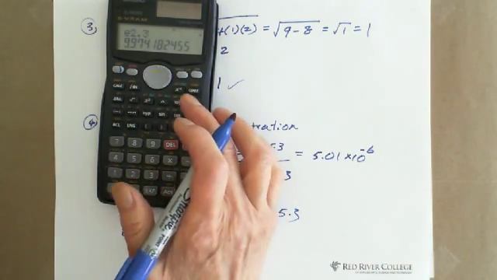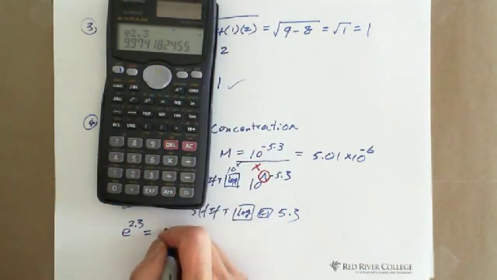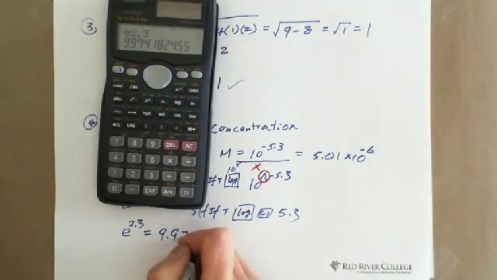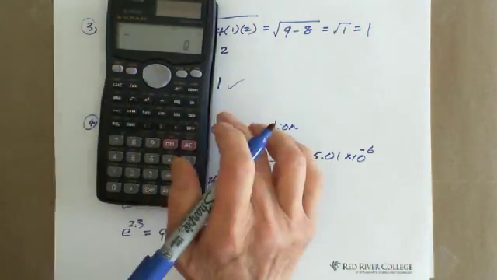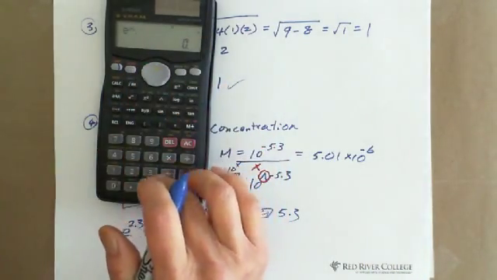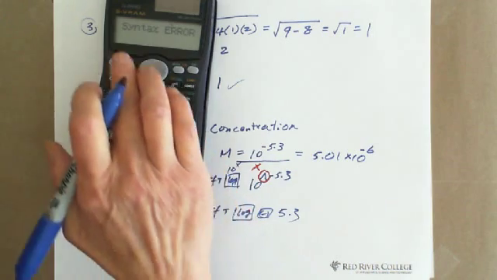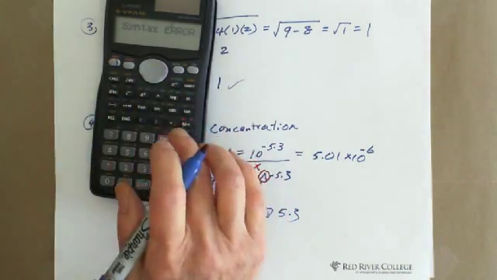This is already set on the exponent. You got 9.97. If you go to shift ln and put the exponent button, then 2.3, it gives you a syntax error. That's what you need to know.